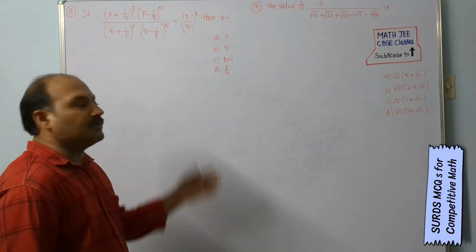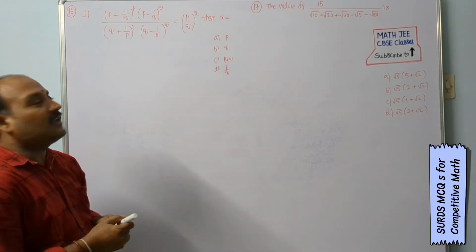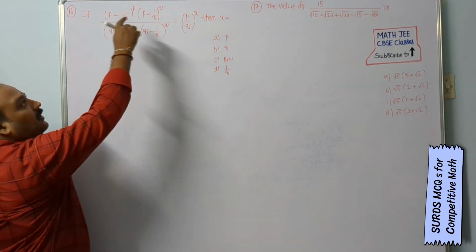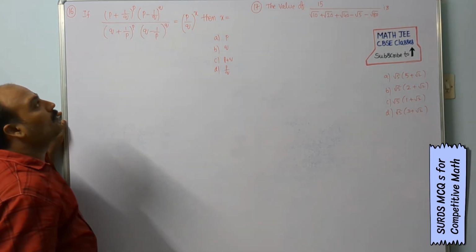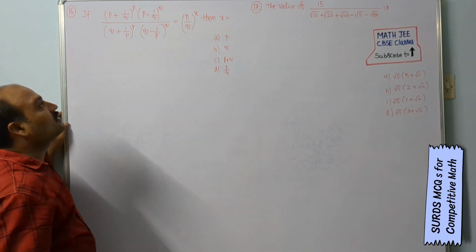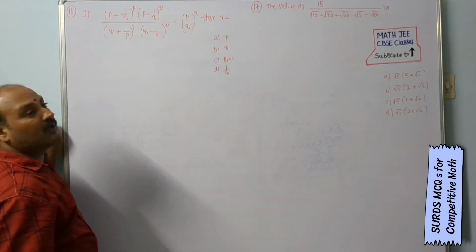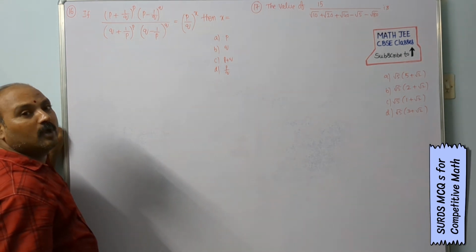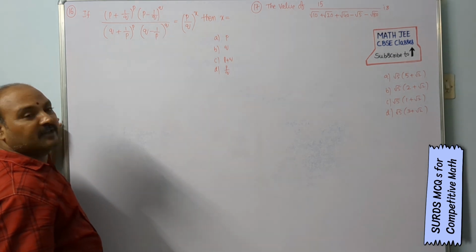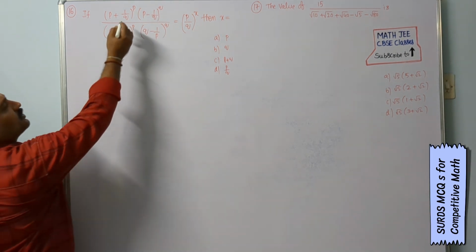So the next question. If (p plus 1 by q) whole power p into (p minus 1 by q) whole power q, by (q plus 1 by p) whole power p into (q minus 1 by p) whole power q, equal to (p by q) whole power x, then x equal to. See, first we need to simplify.